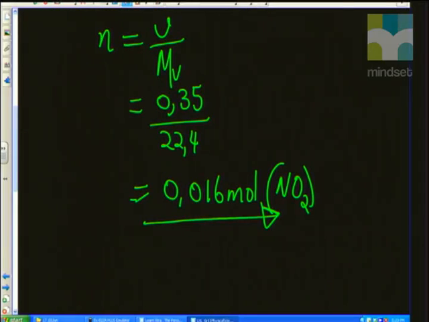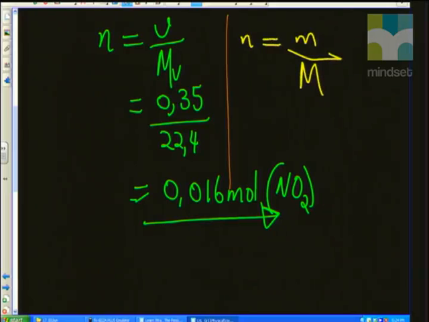This means that we can actually say, from this formula, that the number of moles, n, is also given by mass divided by molar mass.